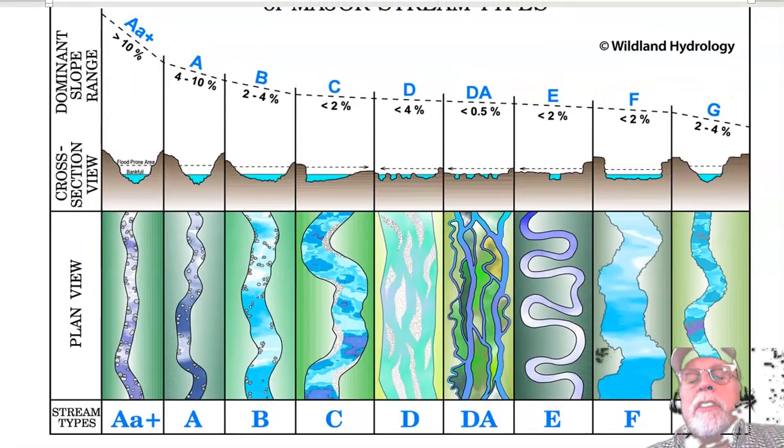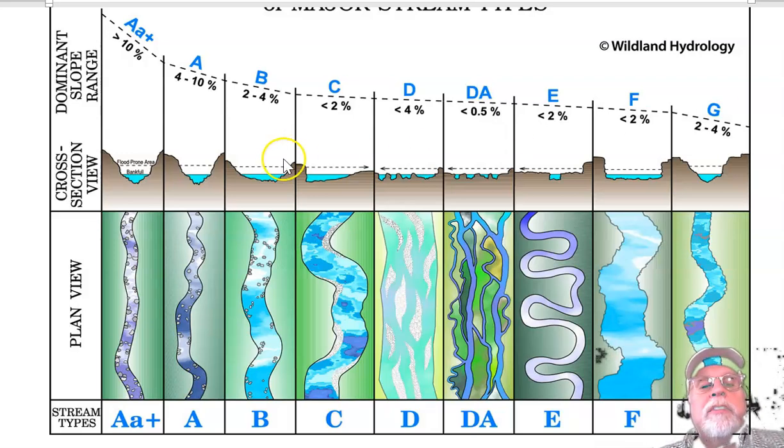This shows the basic division of stream types, and you can see it's a function of the slope. With a steep slope, you'll have a stream that just shoots straight down and makes a V shape. When we get flatter, they tend to go back and forth, like a C that shows a little deposit there and gouges out the sides, so you'll see a deeper pool and it goes back and forth between a riffle and a pool.